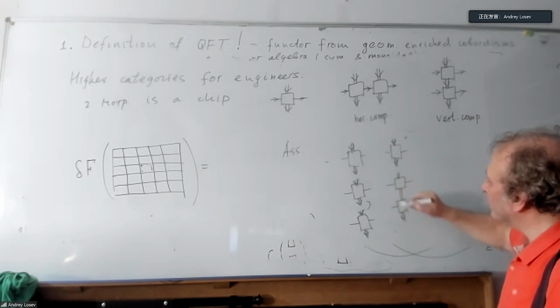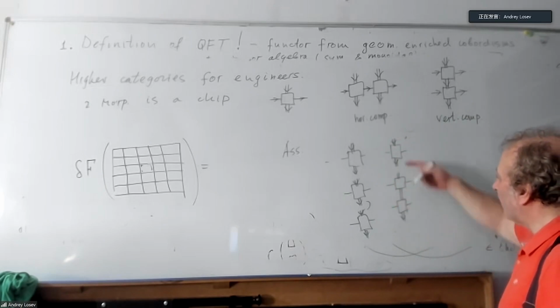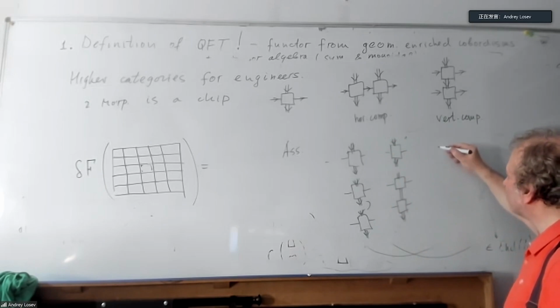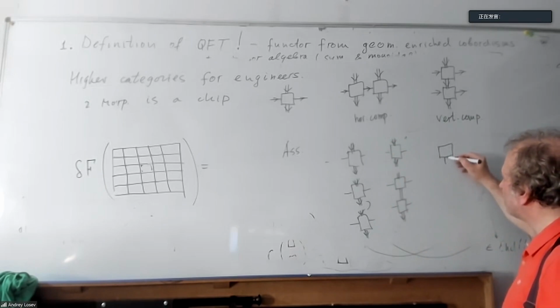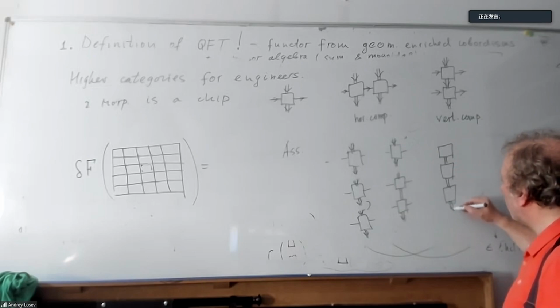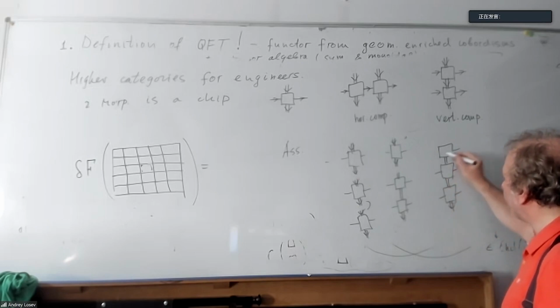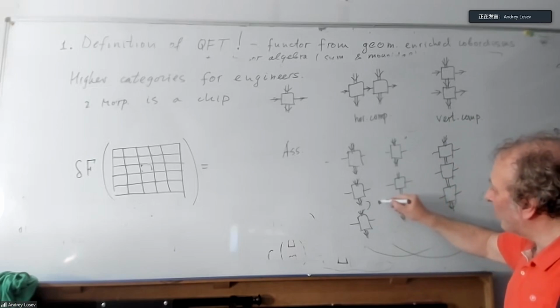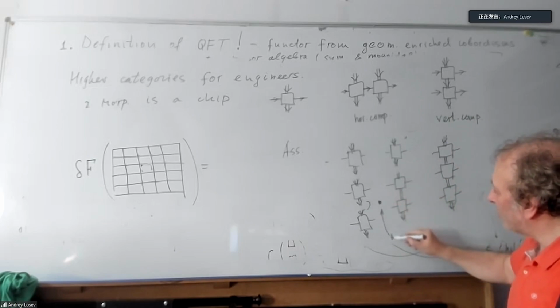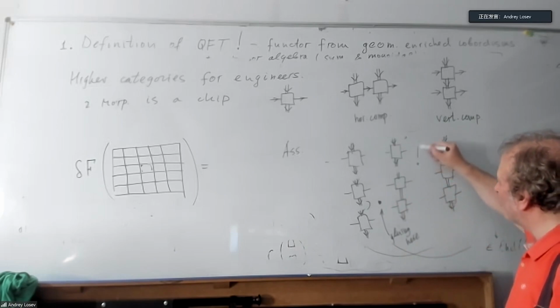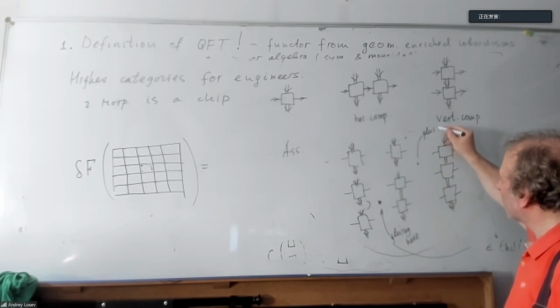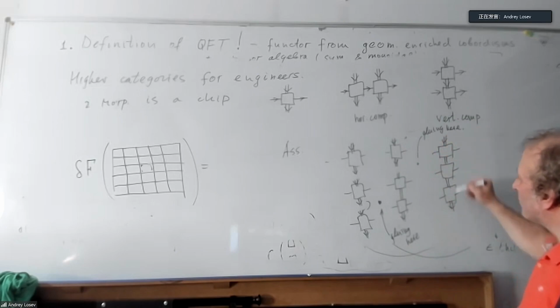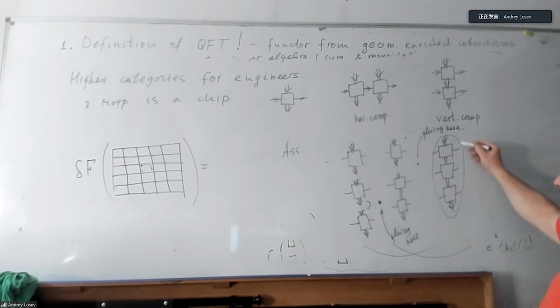So it's the first operation. And then you connect it this way. So first you make gluing here, and then you do gluing here. And this is the product, okay?